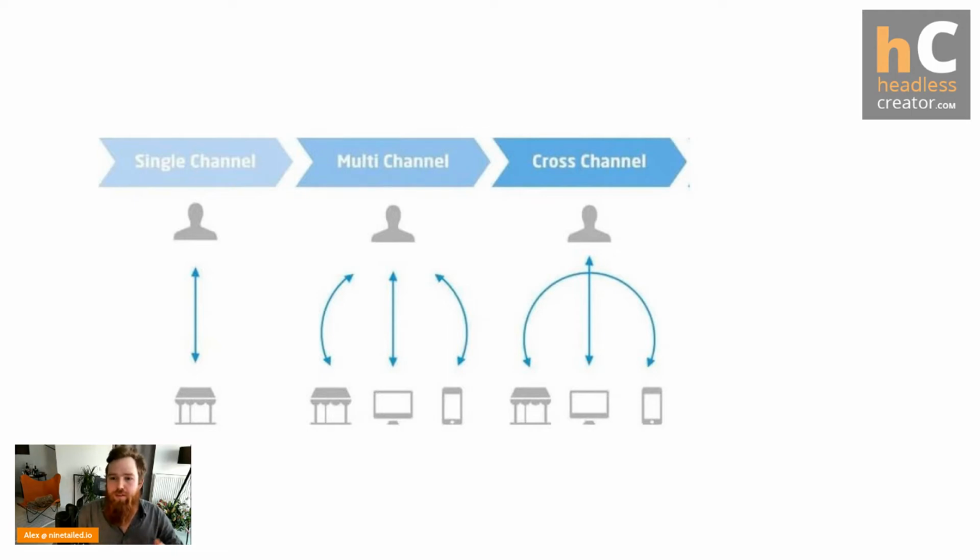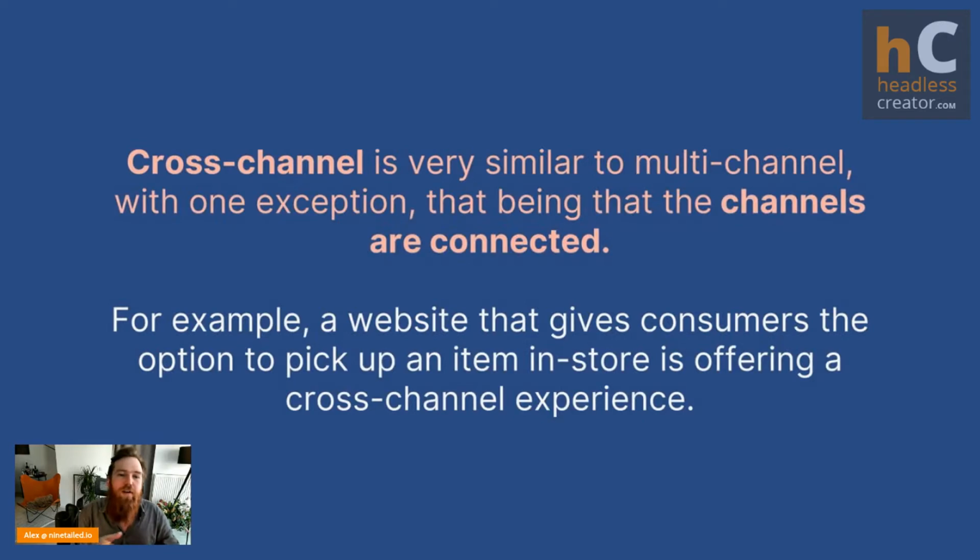But this experience was designed to have this interaction between these two points. So this is still very similar to a multi-channel experience, because the channels are not optimized for any use case. The connections are only for a specific use case.